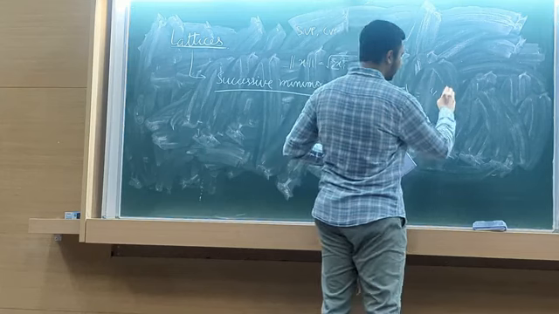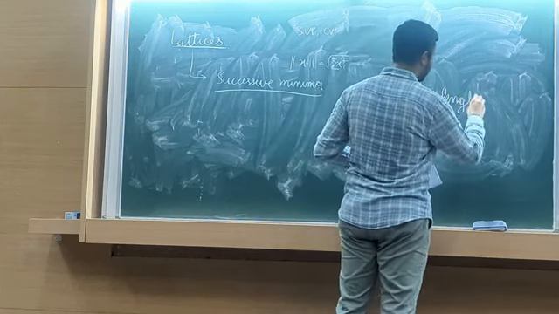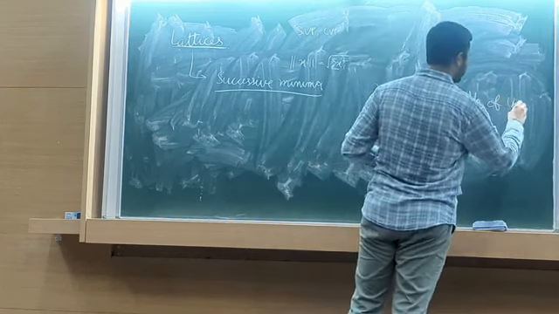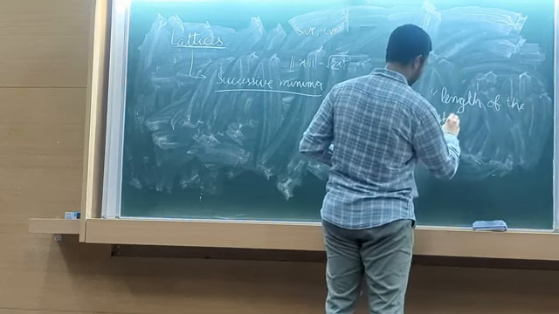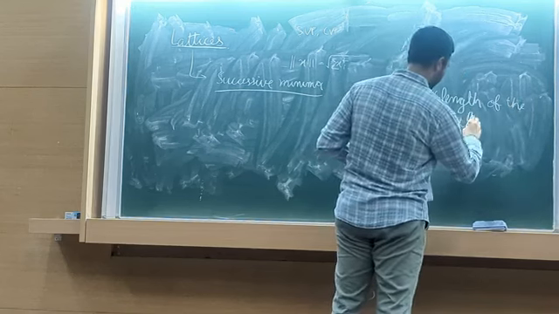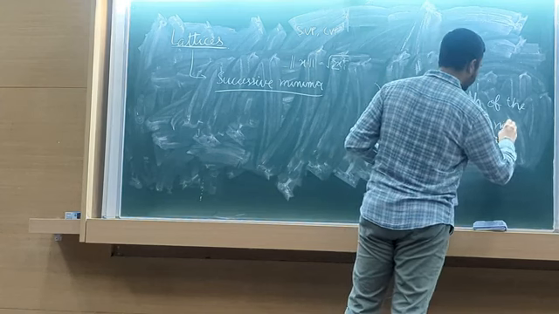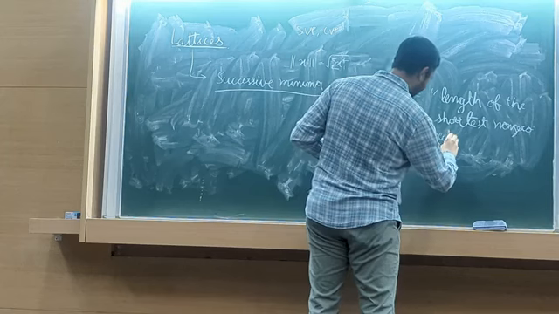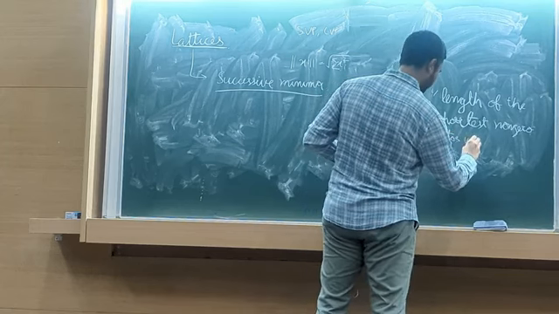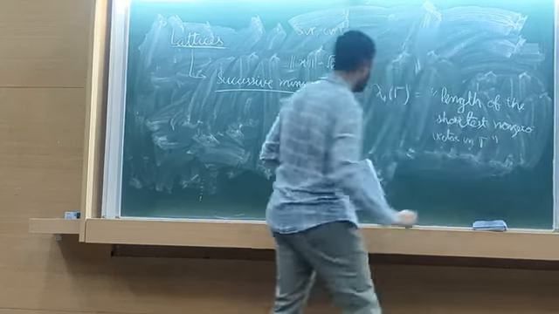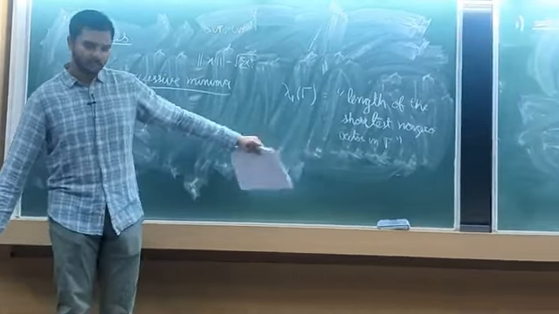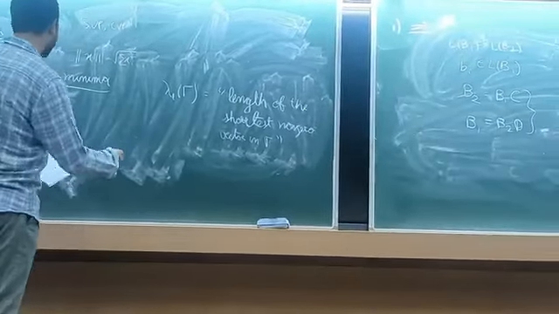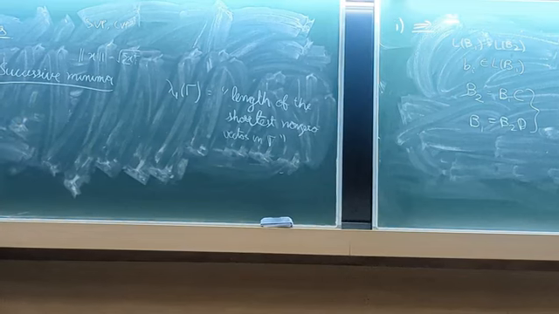So this is the length of the shortest non-zero vector in gamma. Very easy definition. But for successive minima, right? So now I'll define lambda i of gamma. This is a very complicated definition.